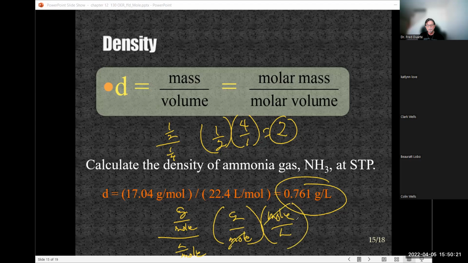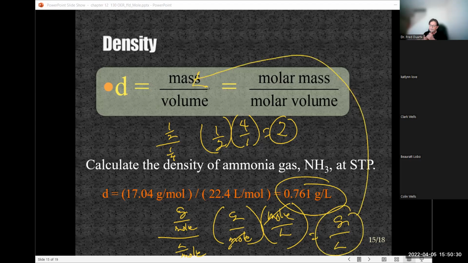Moles cancel out, and we end up with grams per liter, which is, by definition, the density, okay? So if you're asked to calculate the density of a gas at STP, it's pretty straightforward. Take molar mass divided by the molar volume, and you've got it.